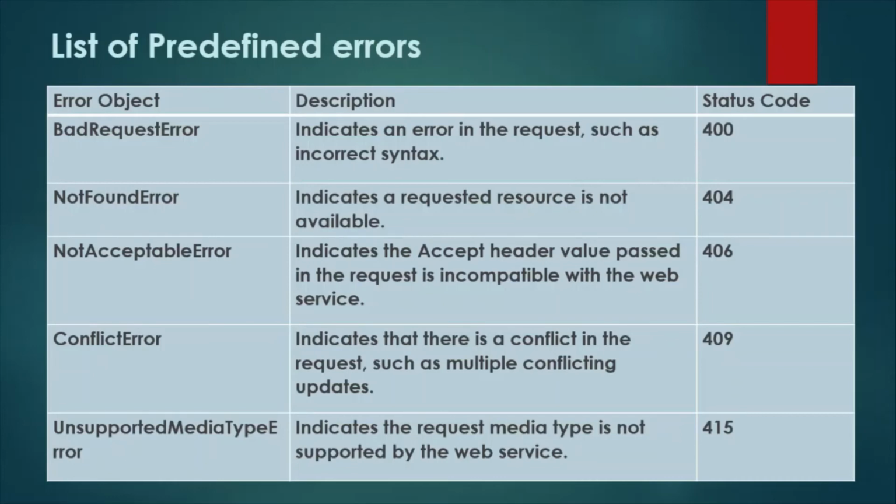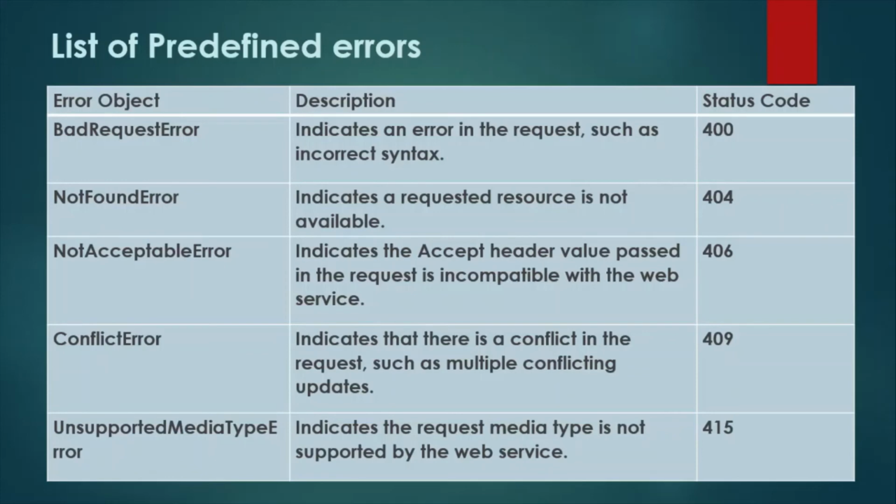So whenever you have any incorrect syntax, it will return 400, that means bad request error. By referring to that, you would be able to understand and correct it. NotFoundError indicates a requested resource is not available. That is indicated by the 404 status code.